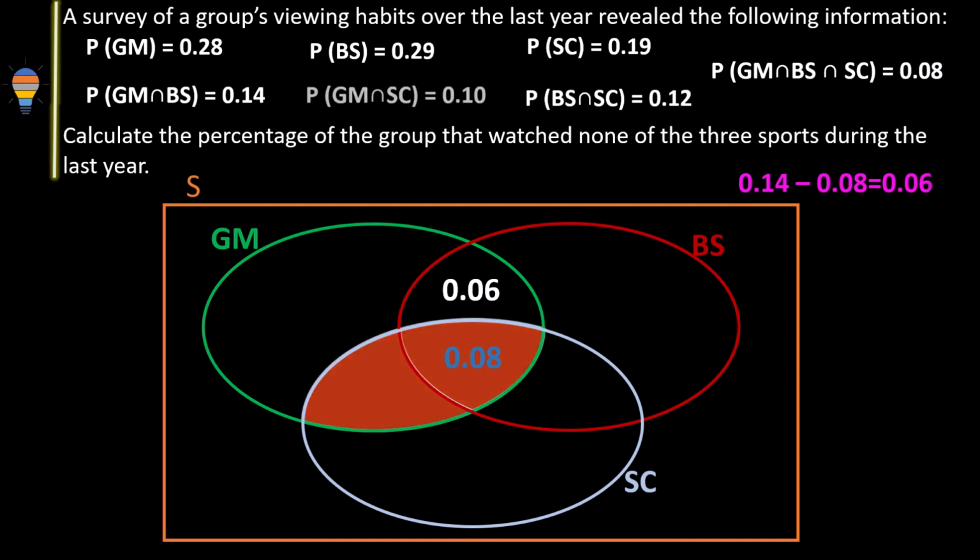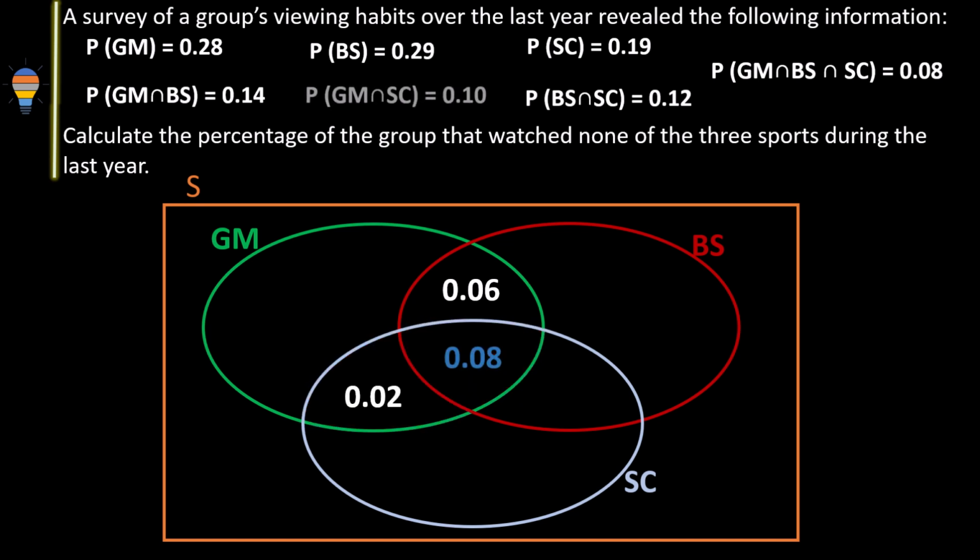Similarly, you can find probability of only GM and SC using this. Probability of GM and SC equal 0.10. So 0.10 minus 0.08, which is 0.02. Similarly, using this 0.12 minus 0.08, it is 0.04.